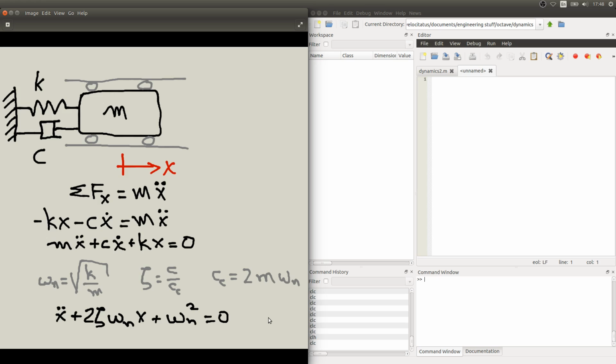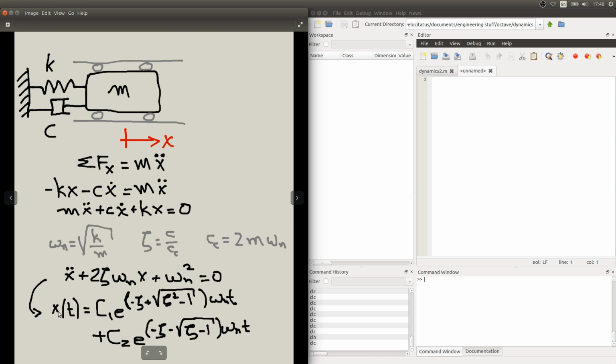And with the equation written like so, we can go back to some calculus course or any dynamics book to check that the solution will look something like this expression here, with two terms c1 and c2 times these exponentials, in which we have both the zeta and omega n somewhere in there.